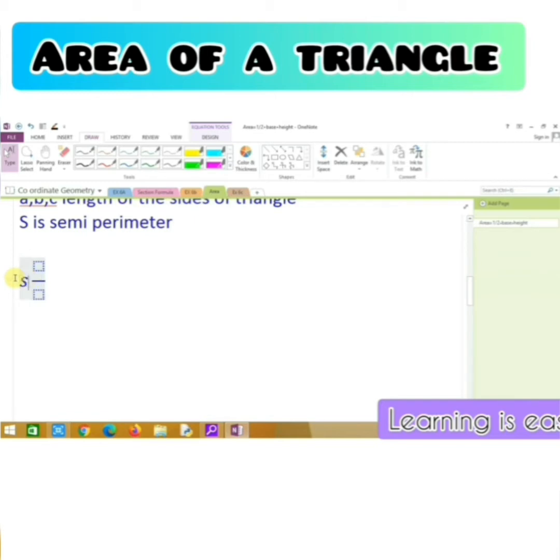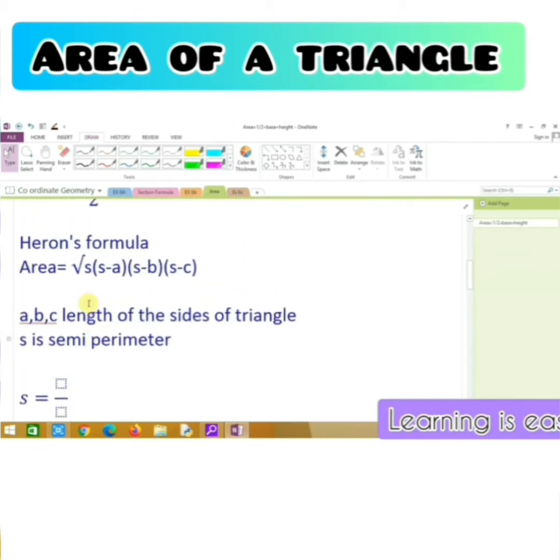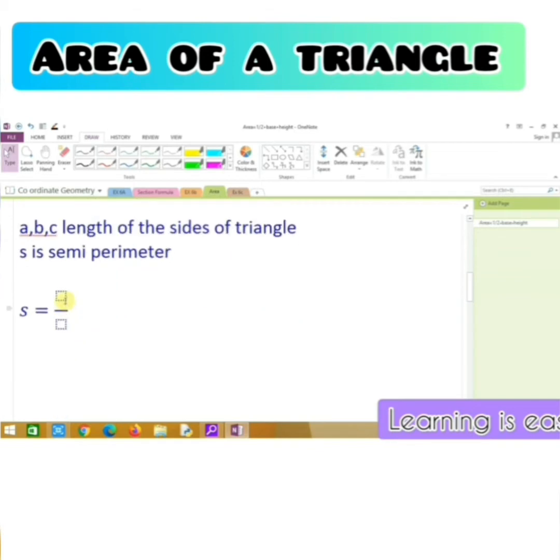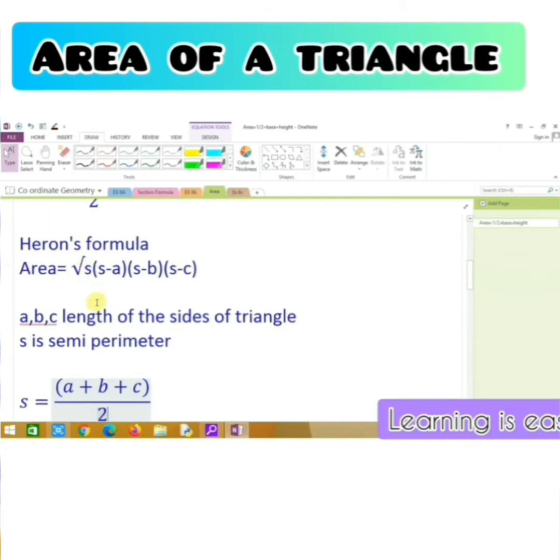Here A is one length, B is the other side, and C is the third side. So the semi-perimeter is going to be A plus B plus C divided by 2. So this is the other way of finding the area of a triangle.